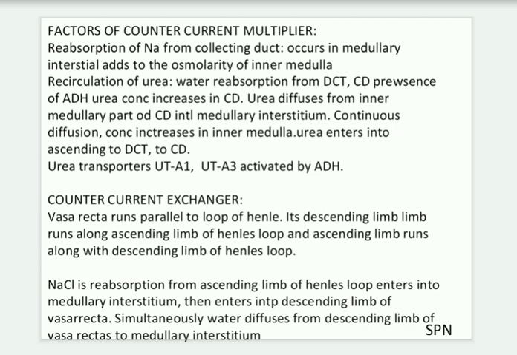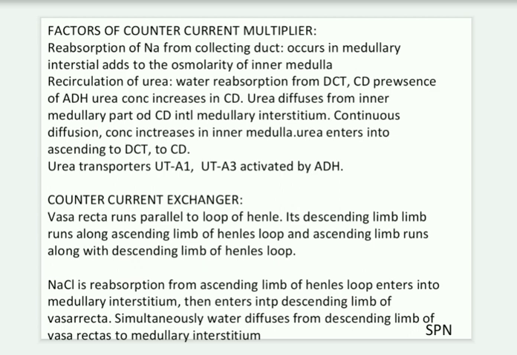Urea will then enter the ascending limb, the DCT, then the CD. In this way the urea is recirculated. This recirculation of urea helps in hyperosmolarity of the inner medullary interstitium. There are urea transporters for this, UTA1 and UTA3, which are activated by ADH, antidiuretic hormone.